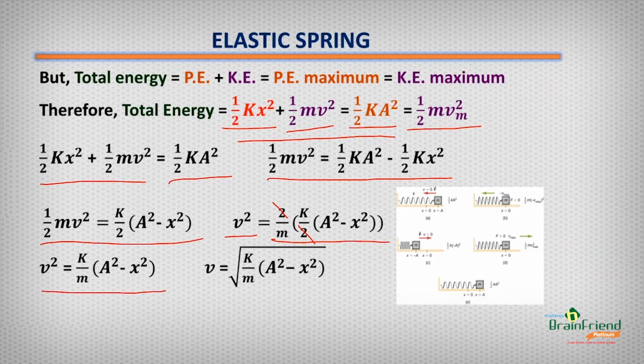And when we take the square root of both sides, we'll have v is equal to the square root of k over m bracket open a squared minus s squared bracket closed. So the velocity of a mass attached to an elastic spring is v equal to the square root of k over m bracket open a squared minus s squared bracket closed.